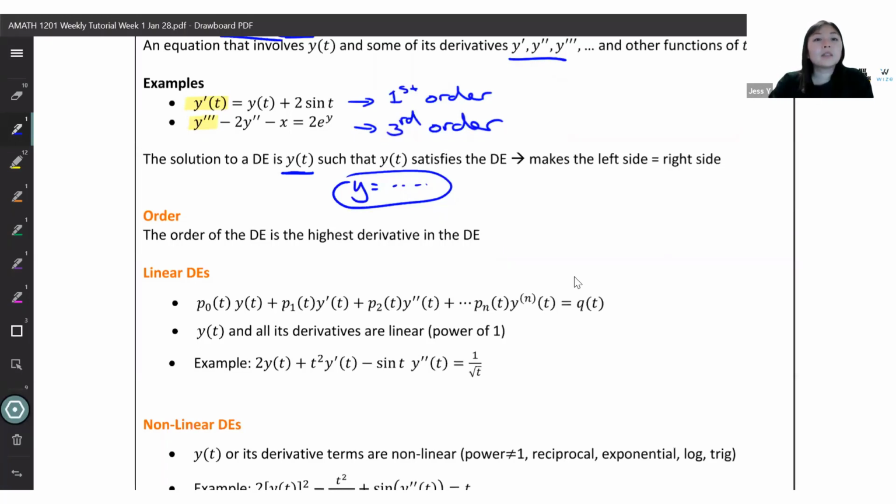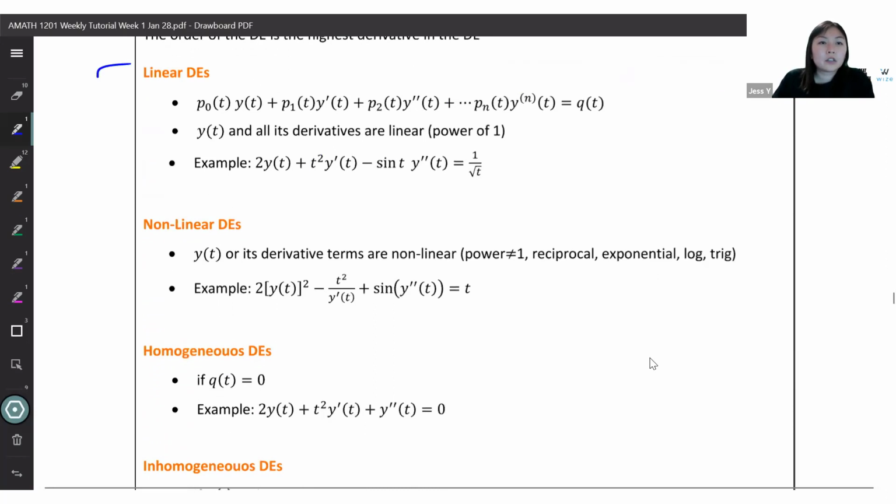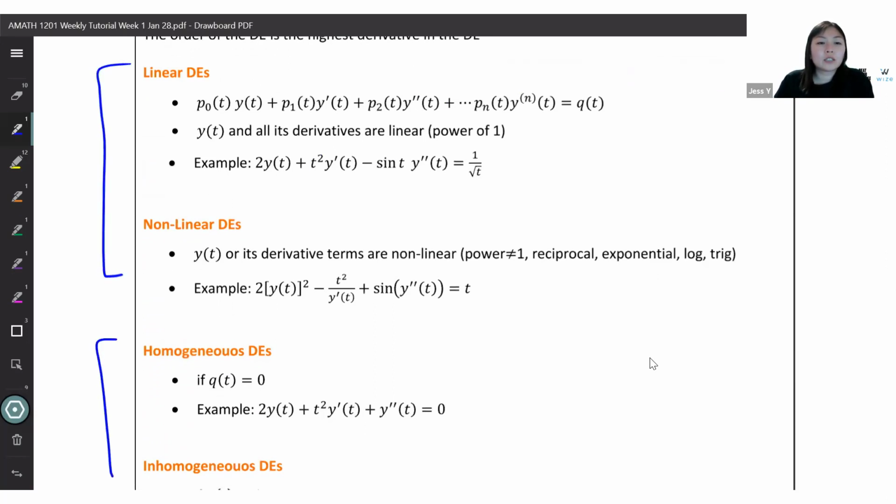Now there's different types of differential equations out there. There's your linear versus nonlinear and your homogeneous versus inhomogeneous. So let's talk about linear versus nonlinear. Remember, linear is your y equals x, right? Where x just has a power of 1. There's no trig, there's no exponential, there's no log, it's just to the power of 1. So a linear DE is the same definition.